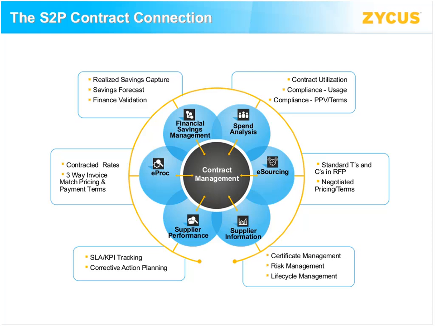From a sourcing standpoint, often the contract management should be an input to the sourcing process. So a best practice that we've seen in this space is if I'm going out to market with an RFP or an RFI, include my standard contract terms and conditions at the very outset of the negotiating process.